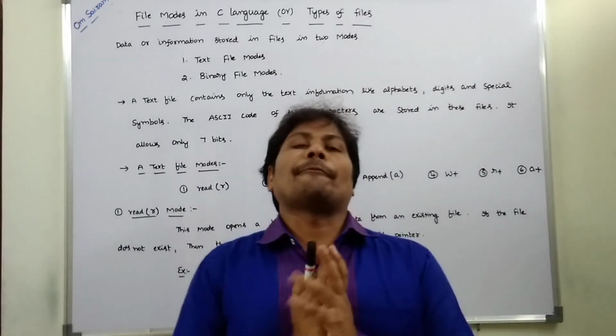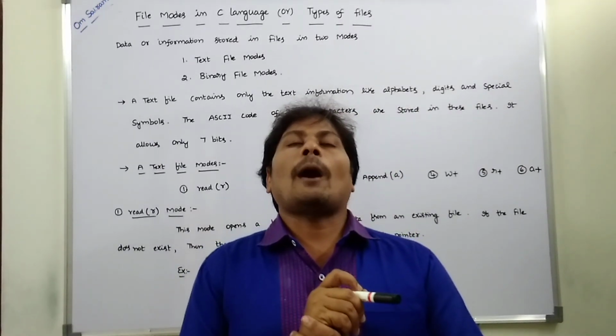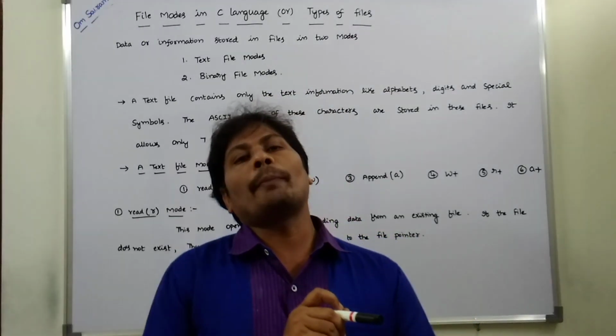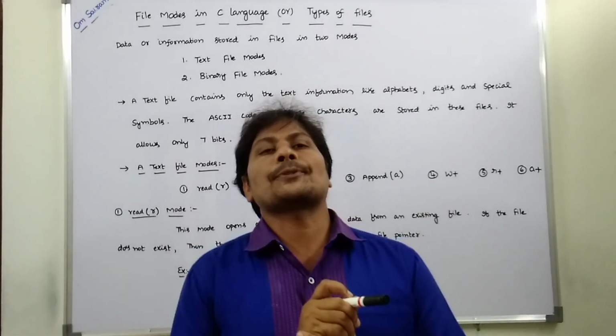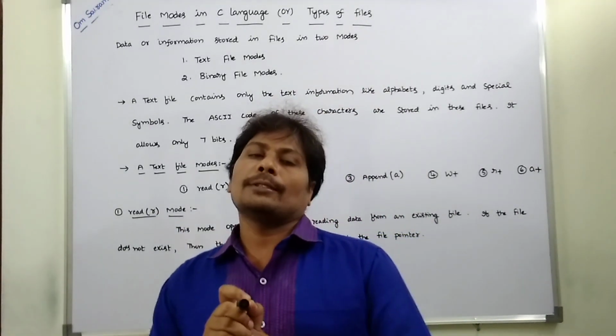In ASCII form, the uppercase alphabets have ASCII values starting from 65 to 90.